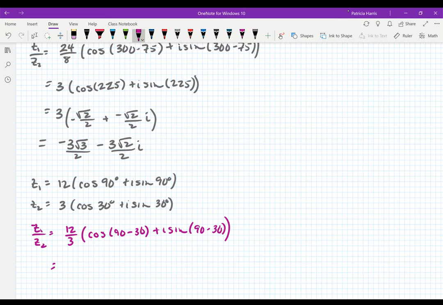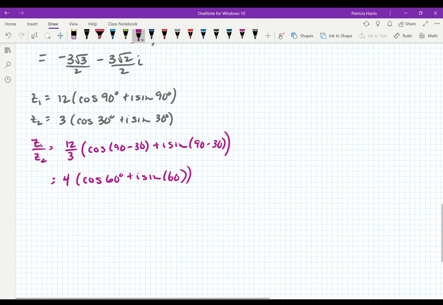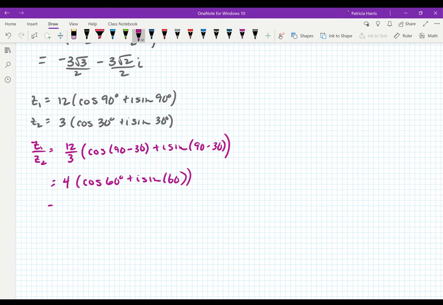So we get 12 divided by 3 is 4. Cosine of 60 plus I sine of 60. Okay, we're going to figure out what that is based on our unit circle. 60 degrees is on your unit circle. So 60 degrees, cosine is 1/2.